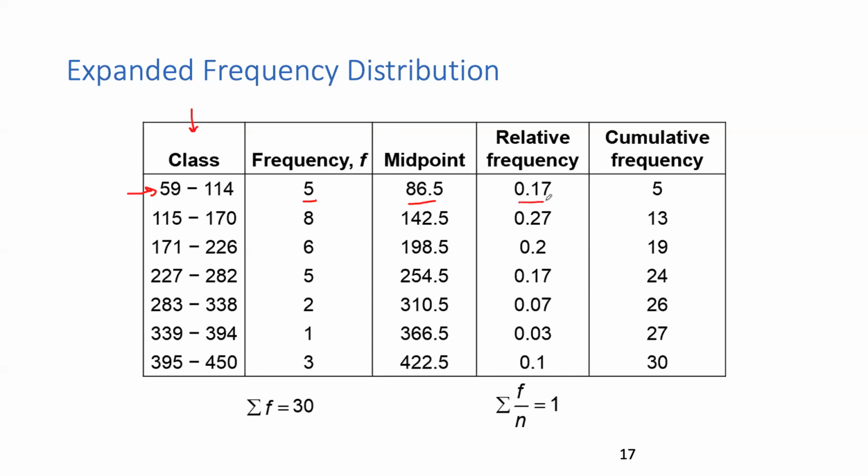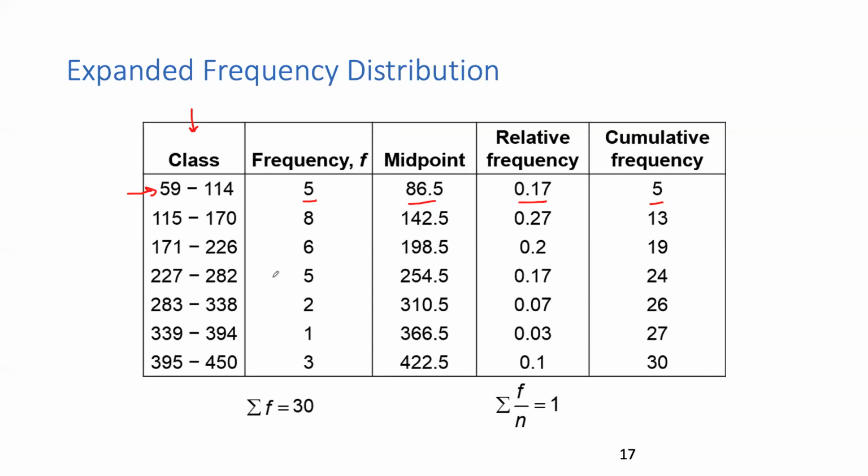The relative frequency is telling me what fraction of the data is in this class. So of the 30 data points, 5 over 30 or 0.17 or 17% of the data set is in the first class. And the cumulative frequency is telling me by the time I finished looking at this class, how many entries I've already seen. In this case, it's 5. And so this is how it goes.